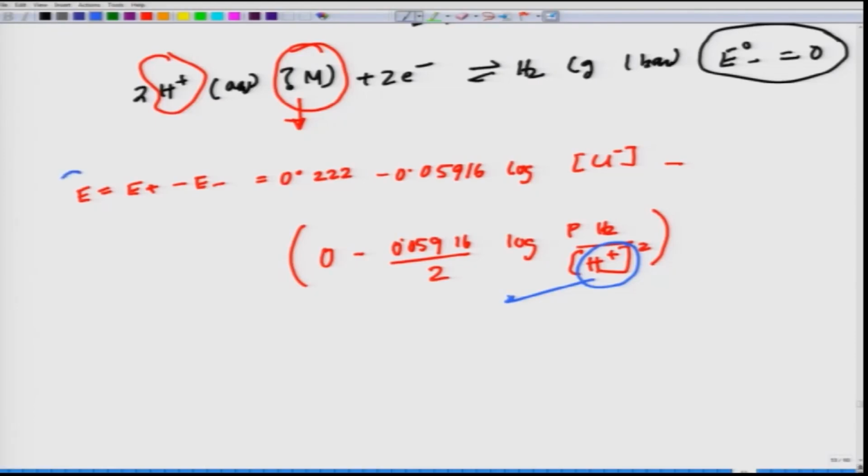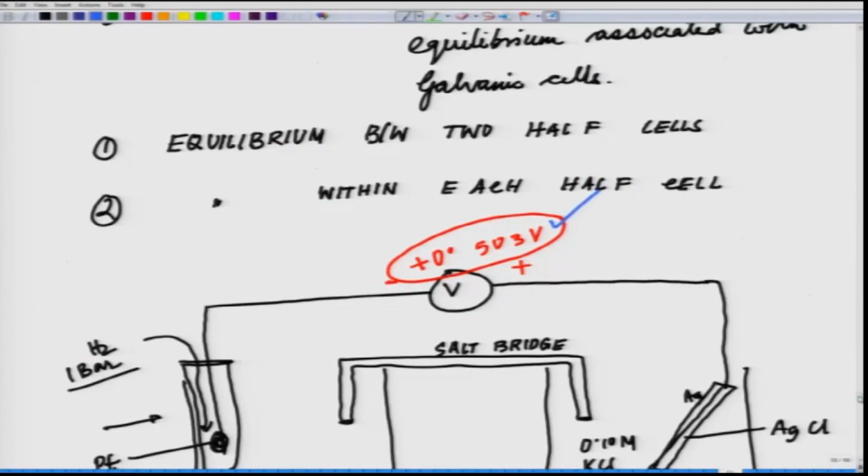So, now what you do out here, you know this, which is your 0.503 volt. This is experimentally measured, because this is not at equilibrium.